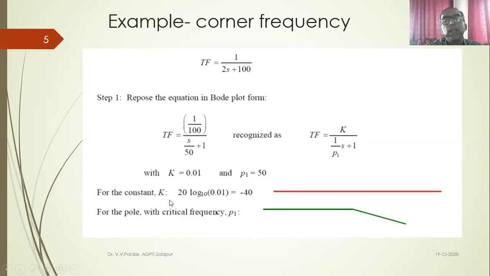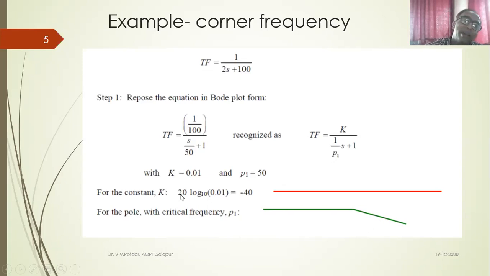The plot for constant K, we have just seen how to draw it, is a straight line. What is the value of K? K is 0.01, so 20 log to the base 10 of 0.01. What is the log to the base 10 of 0.01? It is minus 2.000, just by observation, as we already studied logarithms.